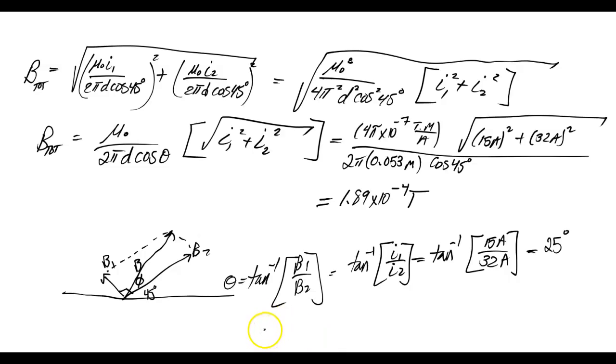So this angle that B makes, let's call this angle phi. Then phi is going to be 25 degrees plus 45 degrees, which is 70 degrees from the x-axis.